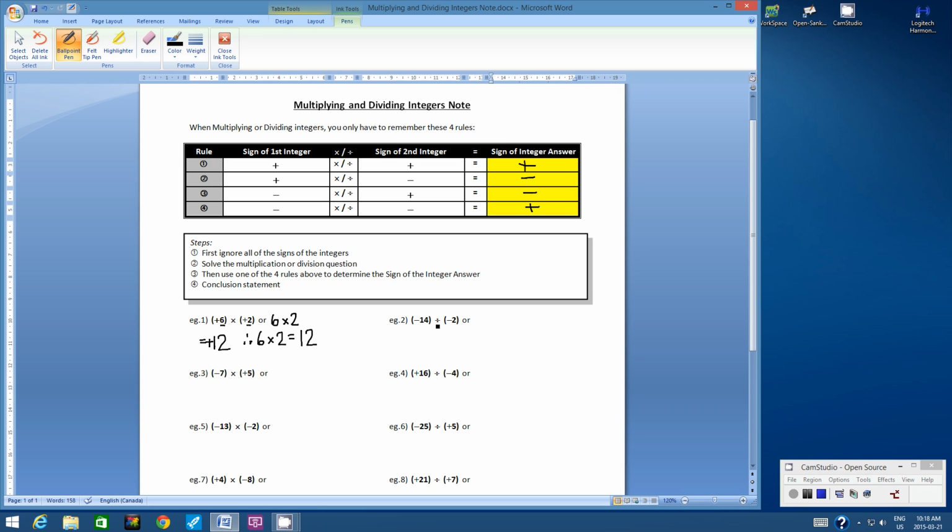Okay, let's go to example 2. We have negative 14 divided by negative 2. So I want you to beat me to it. I want you to write that in standard form.